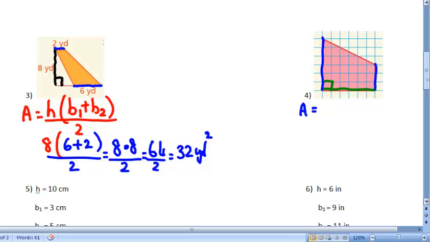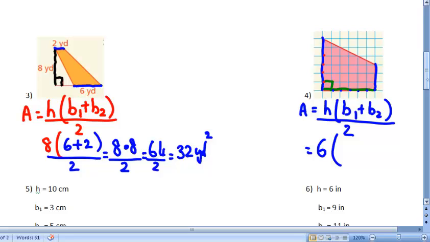Area equals height times the sum of the two bases divided by 2. In this case, the height, let's count, 1, 2, 3, 4, 5, 6. The height is 6 times the base, one of the bases, 1, 2, 3, 4, 5, 6. 6 plus 3, whole thing divided by 2.